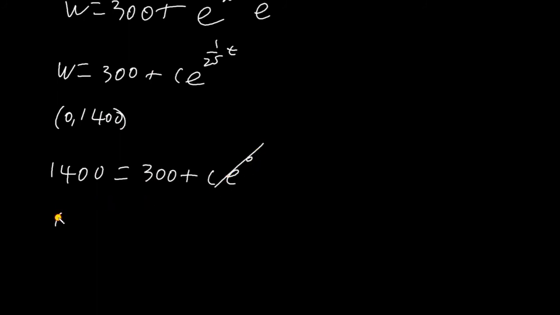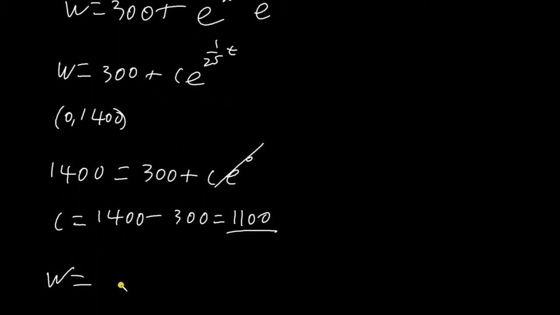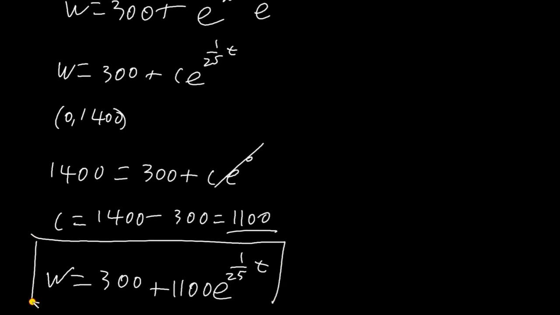So we have c equals 1400 minus 300, which is 1100, right? So I'll take the c and plug it back in. We'll get w equals 300 plus 1100 e to the 1 over 25 t. How cool is that? Maybe not the coolest, but we can pretend.